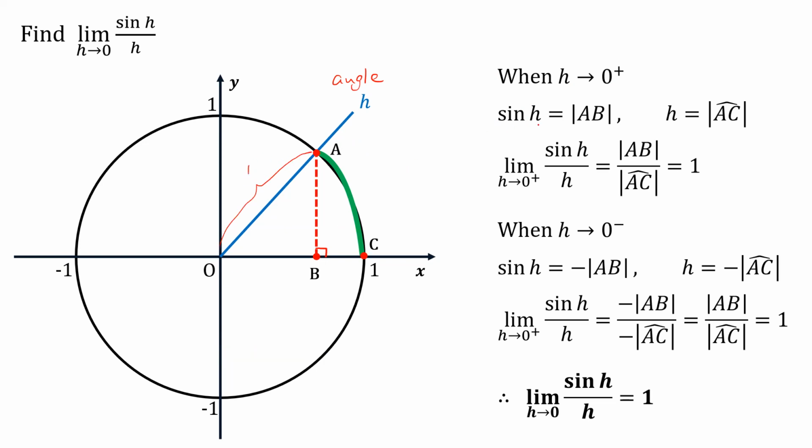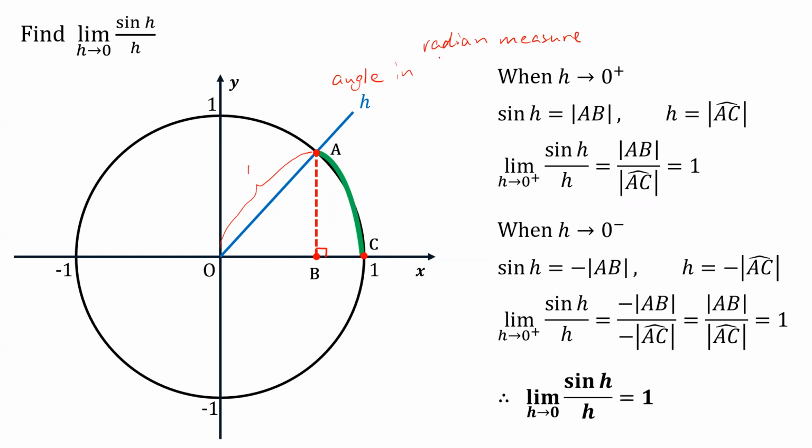Therefore, sine h is actually the absolute value of the length AB, right? Can you follow me? Because that's the definition of sine h, sine alpha, right? On the other hand, you need to consider what h is. So h is an angle in radian measure, right? In radian measure.